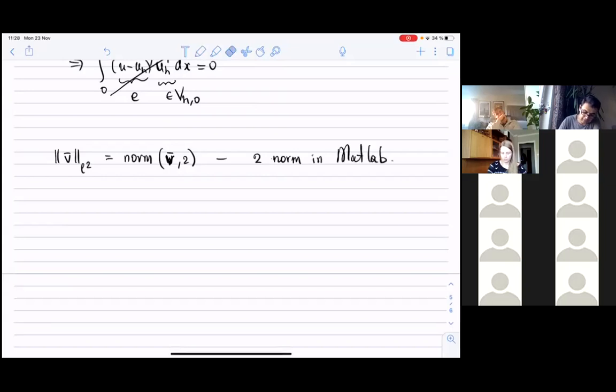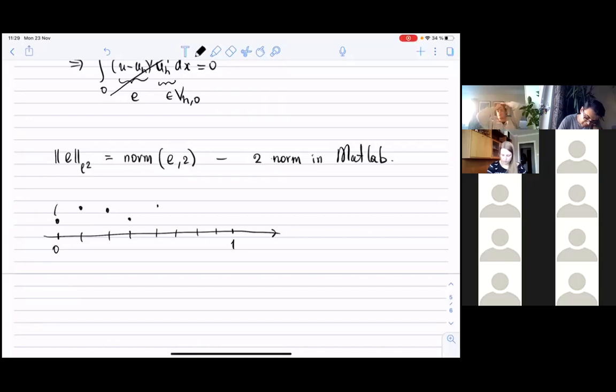So if you want to calculate the error in the 2 norm, what does it do? Your error, so I can just draw this from 0 to 1. We split it by a finite number of points. So the error is calculated pointwise.